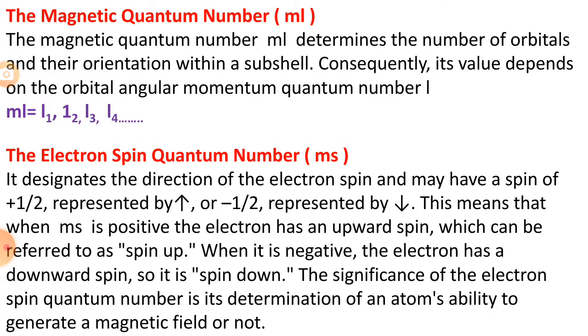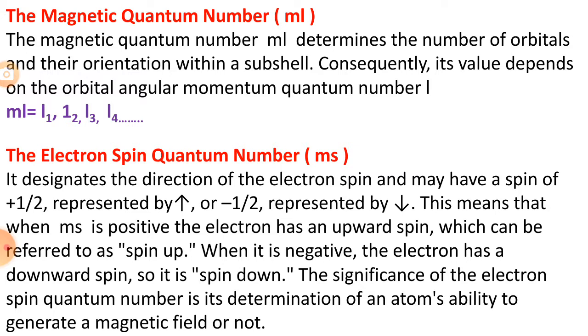This quantum number designates the direction of electron spin and may be plus 1 by 2 or minus 1 by 2. Plus 1 by 2 is represented by an upward arrow, and minus 1 by 2 by a downward arrow.